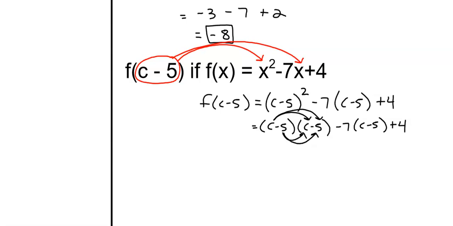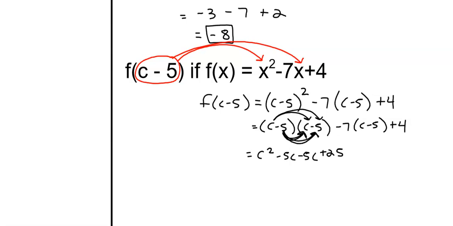The order that you do it in doesn't really matter. But what we're going to come up with is c times c is c squared. C times negative 5 is negative 5c. Negative 5 times c is negative 5c, and then negative 5 times negative 5 is positive 25.